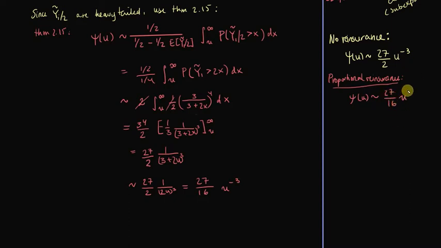So by a factor 2 to the third. So by decreasing our premiums by a factor 2 and also decreasing our claims by a factor 2, we have reduced the probability of ruin by a factor 2 to the third.